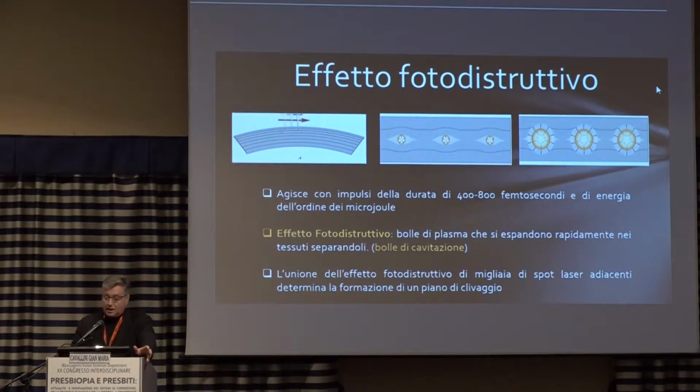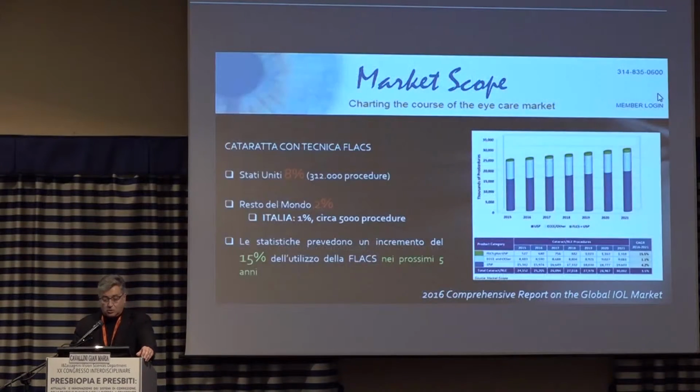The photodisruptive power is due to the fact that plasma bubbles form, they dilate, they expand, and very quickly separate the tissues. The combination of all these bubbles causes a cleavage plane.